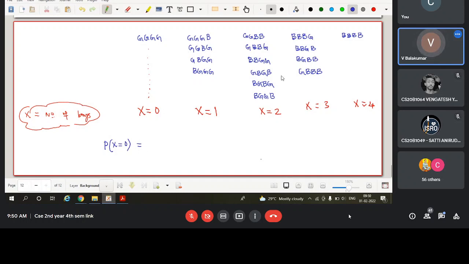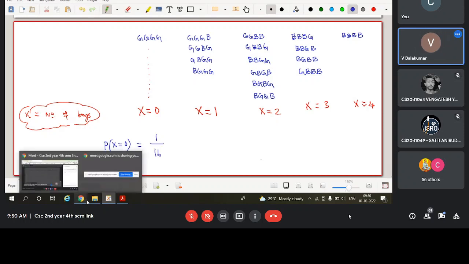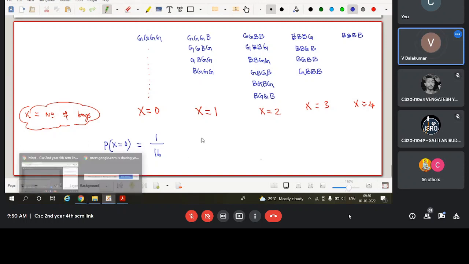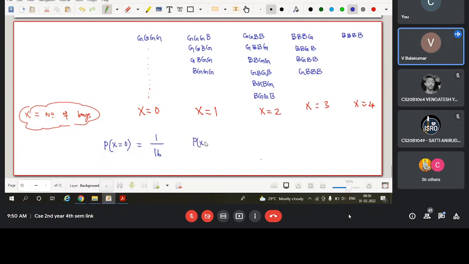Look at the blue color thing. There are 16 possibilities. Out of that, only one possibility is favorable to 0 boys. Do you see that? What is the probability for 1 boy? Out of the 16 possibilities, how many are favorable to 1 boy? 4.